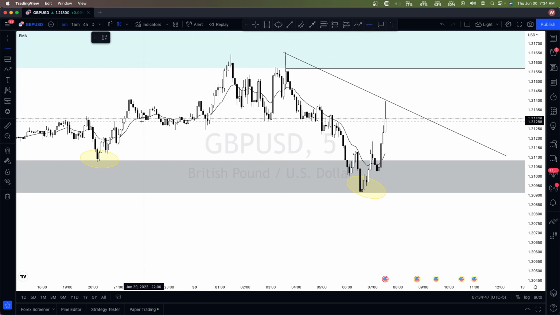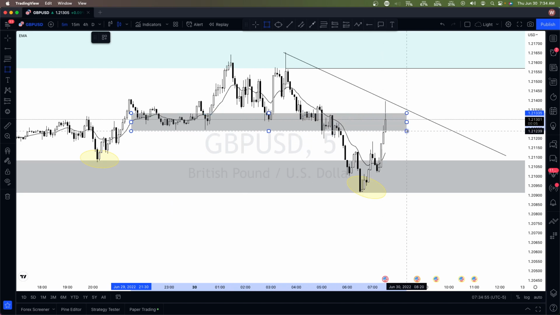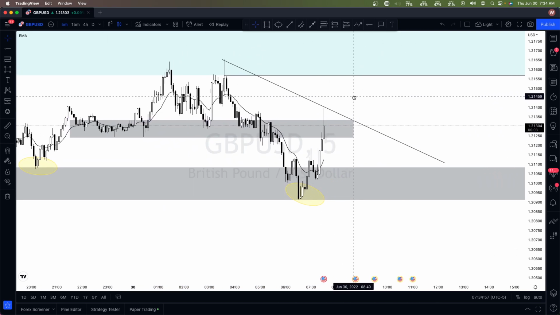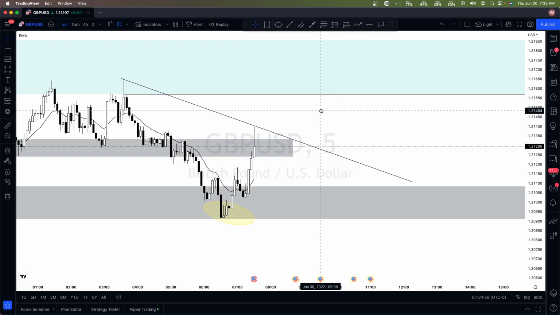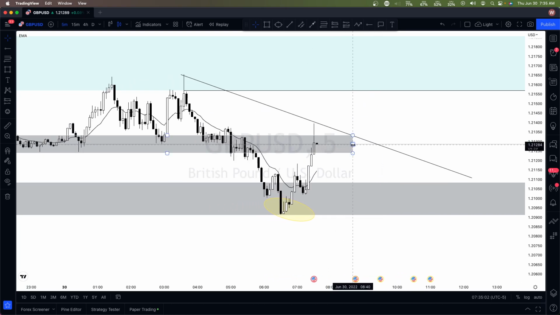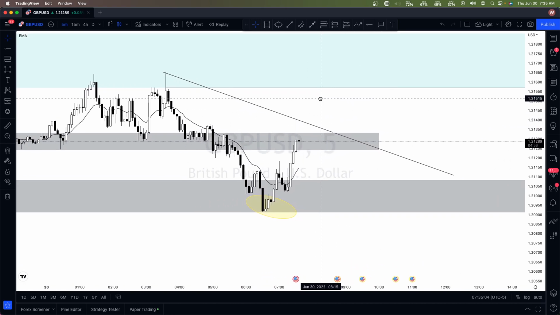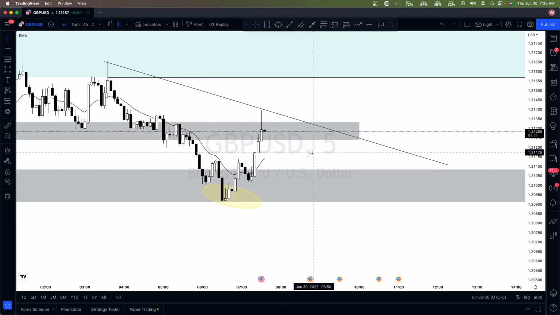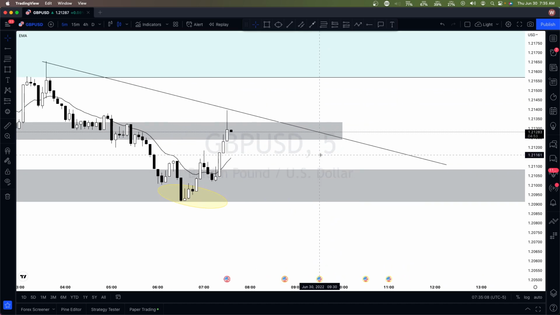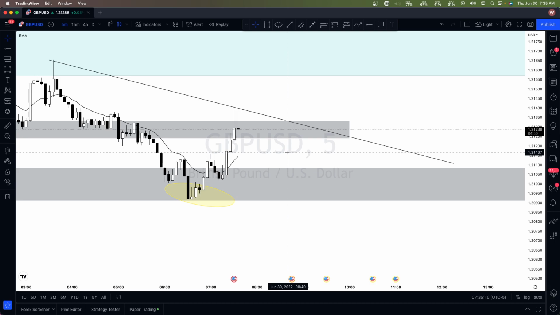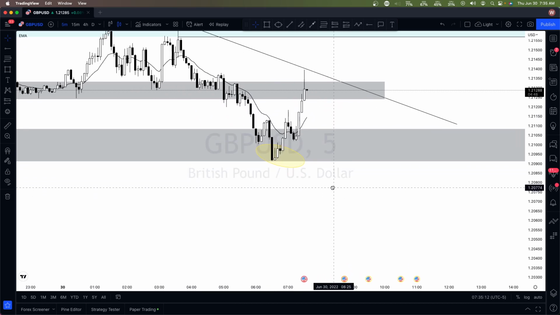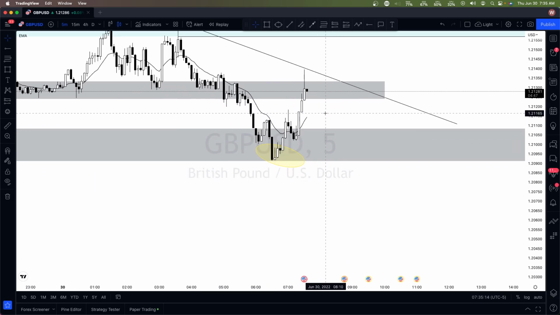I see some support right here in this area. I can mark this up. So we should be seeing some sell movement. I wanna see some more sell movement down here.